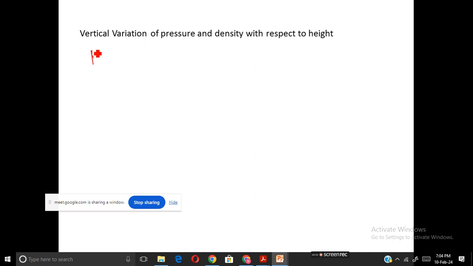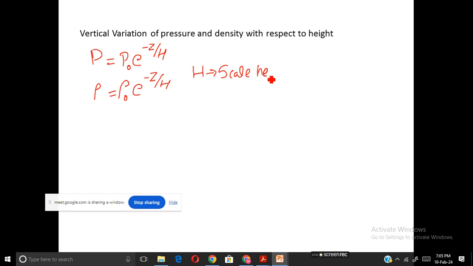If you remember the equation, how did we represent it? In case of pressure, it was P is equal to P0 e raised to minus z by H. In case of density, rho is equal to rho 0 e raised to minus z by H, where P0 is the surface pressure, P is the pressure at height z, and H is known as the scale height of the atmosphere.